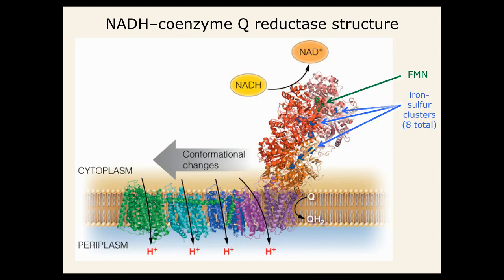Here's a really incredible picture. I hope that this makes worthwhile all the effort you've put in up until now in the class, that you're looking at this and saying, wow, there's the lipid bilayer, there's the integral proteins, alpha helices, there's the really interesting part of the complex that has the FMN, the iron sulfur clusters. NADH is going to come in. As part of that redox, we have our overarching concept that as those electrons flow, things change in the protein.